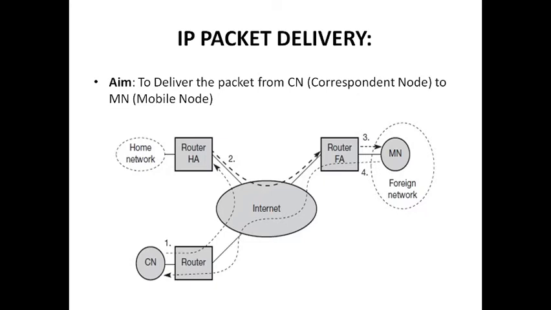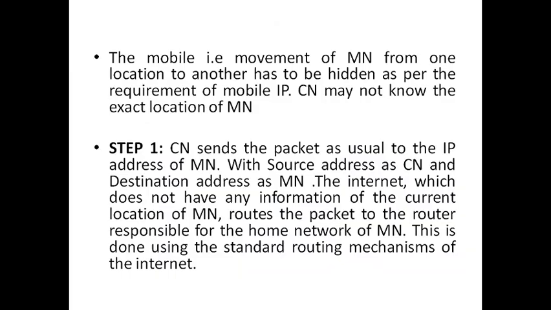So now the internet routes the packet to the home agent of the home network of the mobile node. This is done using the standard routing mechanisms of the internet.